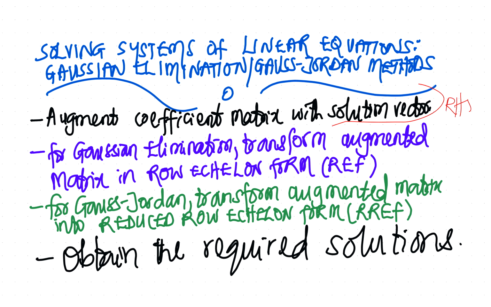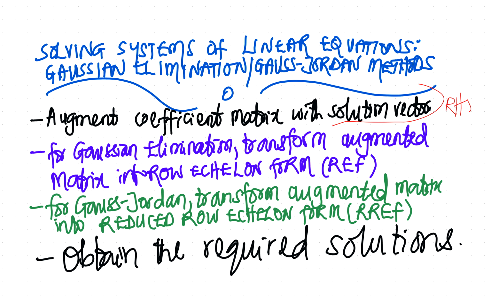Then for Gaussian elimination, you transform the augmented matrix into row echelon form.